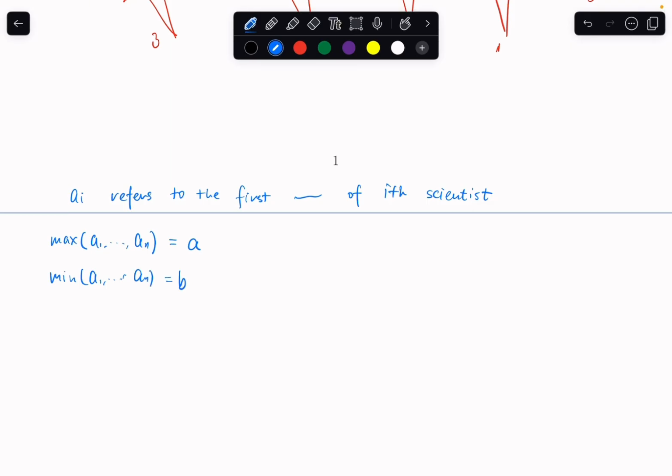Then you can find that with every operation, A does not increase and B does not decrease.